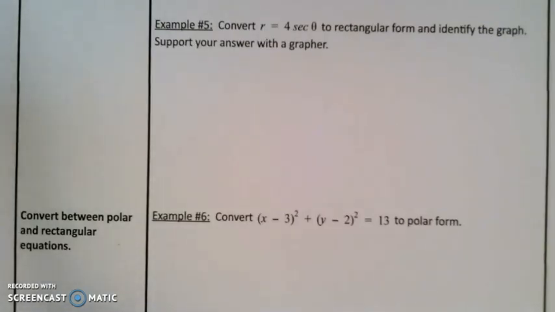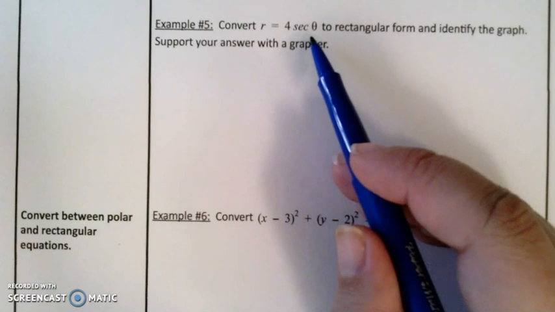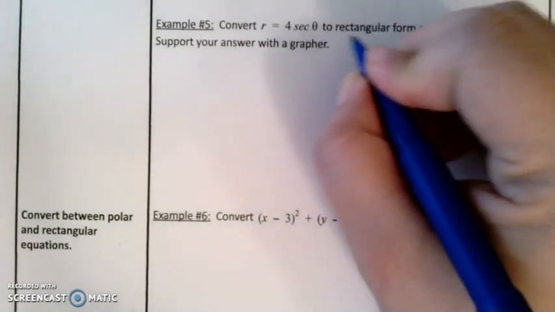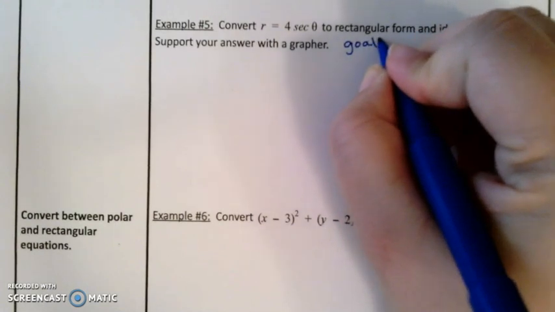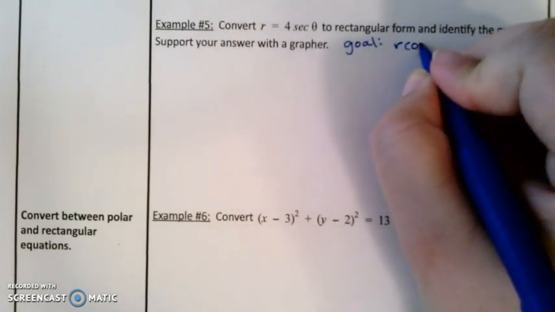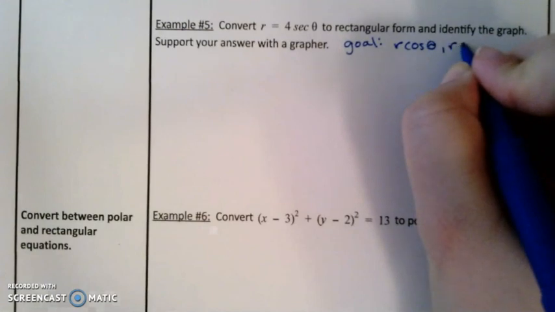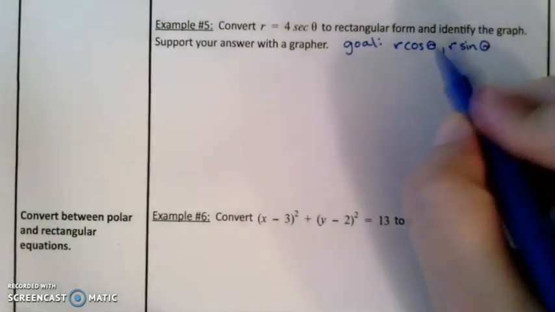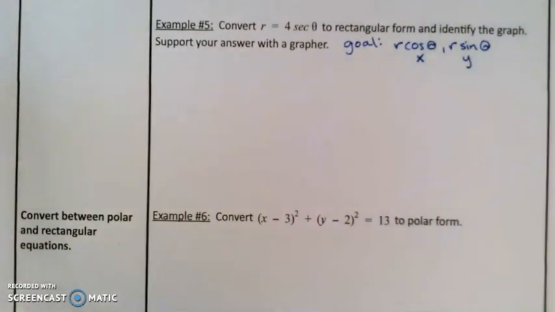Now that we know how to convert points back and forth, let's look at converting an entire equation. This is in polar, and we'd like to convert it into rectangular form. So our goal is to get an r cosine of theta or r sine of theta so that we can convert that into x and y.